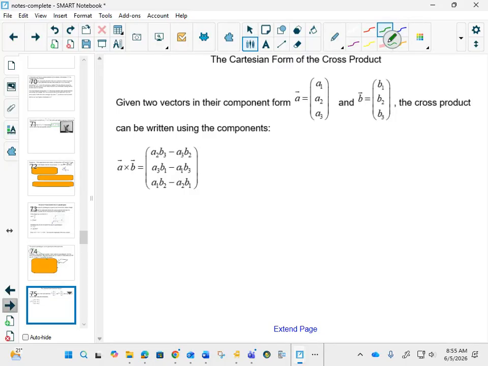The cross product with two vectors in 3 dimensions. To find the first one, I ignore the numbers in the first one. Get a number there, A2, B3 minus A3, B2. Doesn't that remind you of finding the discriminant of your matrices?